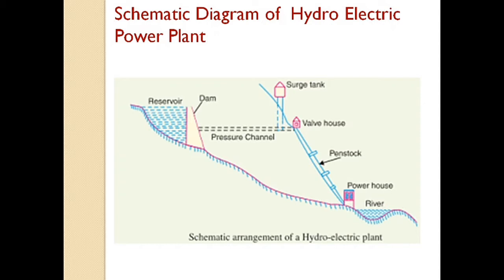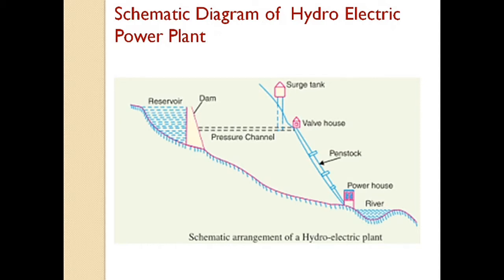Next one is the headworks. The headworks consist of the diversion structure at the head of an intake. They generally include booms and racks for removing floating debris, sluices for bypassing debris and sediments, and valves for controlling the flow of water to the turbine.